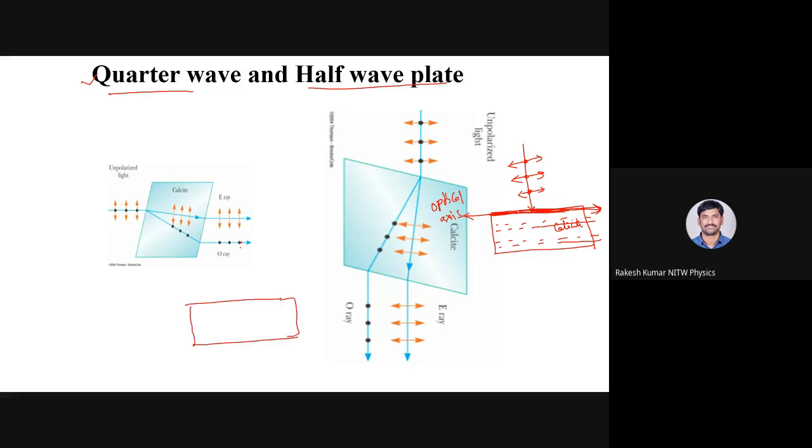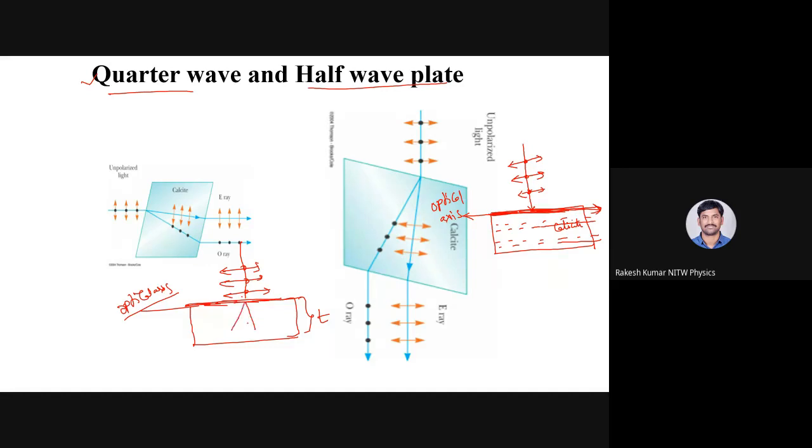I'm sending my ordinary light of some thickness T. Now what happens inside the crystal? Tell me. What happens to ordinary light? Will they split or not? Splits. Okay, they will split into two refracted rays.